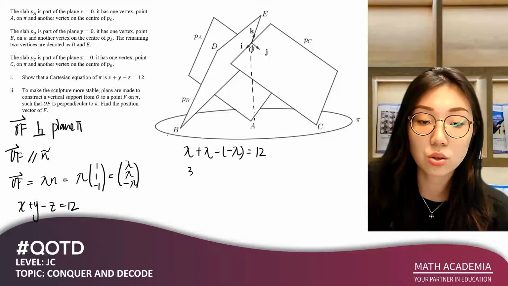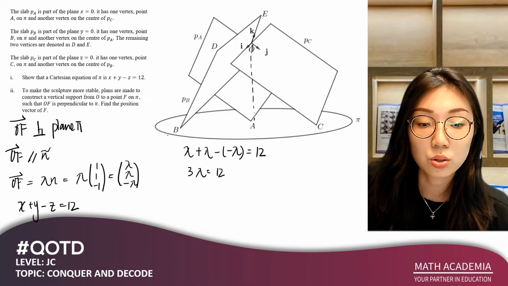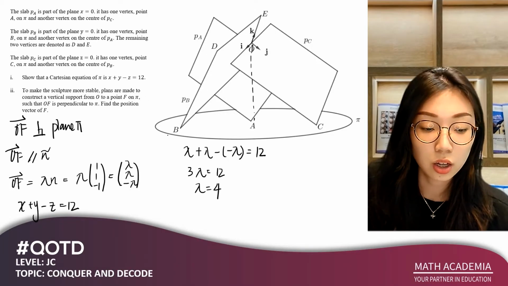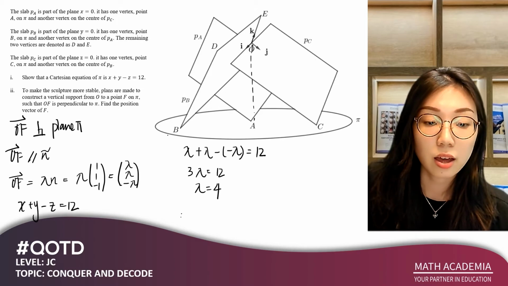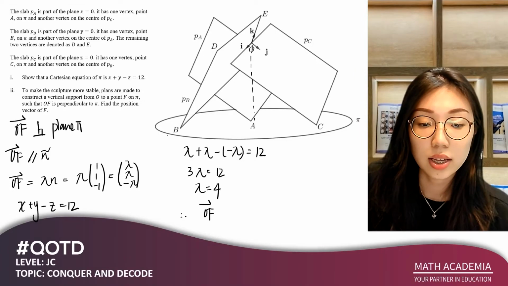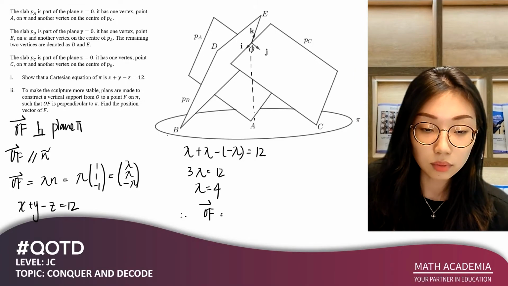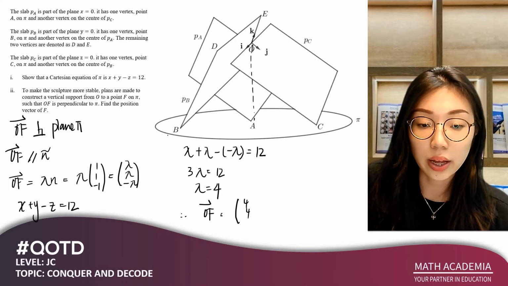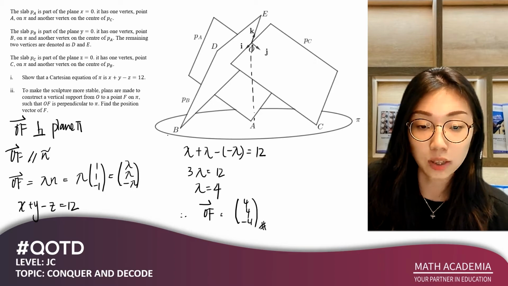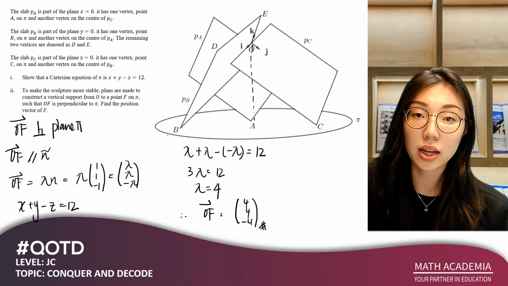This simplifies into 3 lambda equals 12. Therefore, lambda equals 4. Therefore, the position vector OF is given by 4, 4, and negative 4. And that would be my answer for part 2.